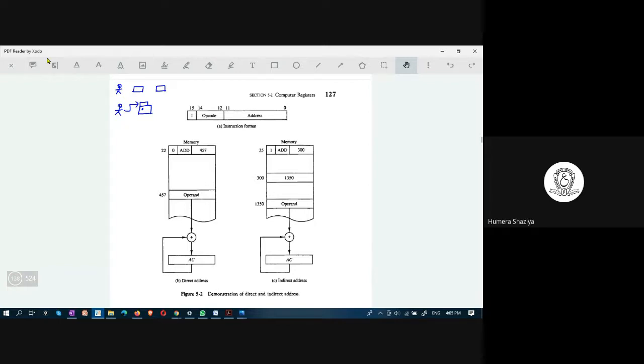So this is your locker. You put your key here. First you go to your drawer, open the drawer, take the key, and then go to the locker and open it. So which is direct and which is indirect?